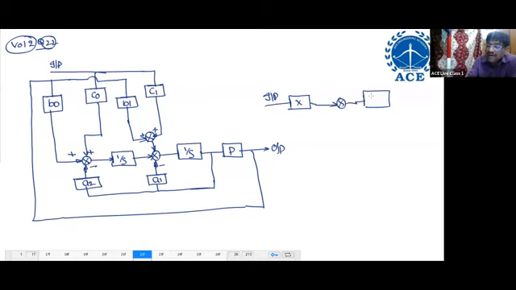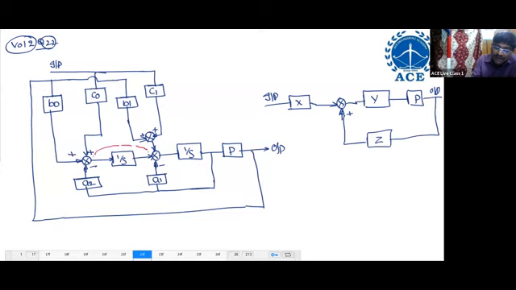Remaining all the blocks are Y. Before P, whatever the blocks are there, all are Y. And total feedback path is Z. Simple logic, you shift this summing point to ahead of 1 by S because we want only one summing point, not two summing points. Just shift here to here, we'll get the answer. That's all.